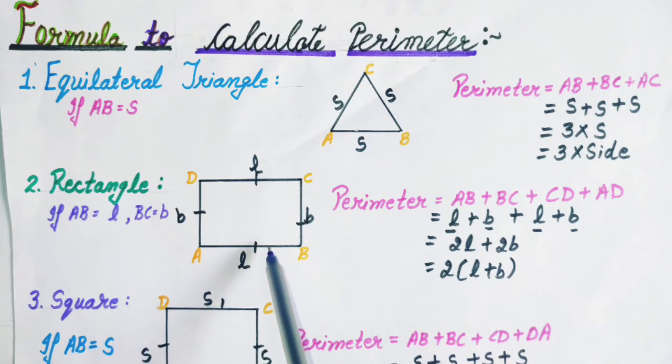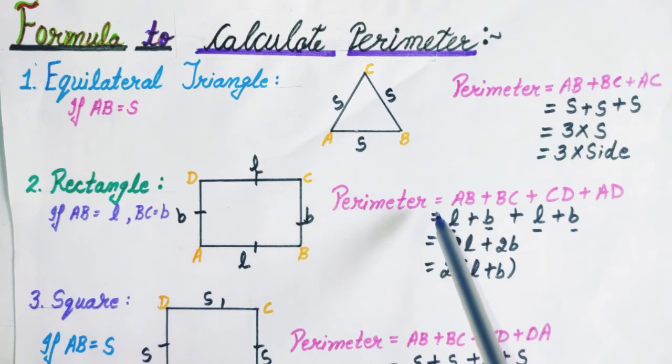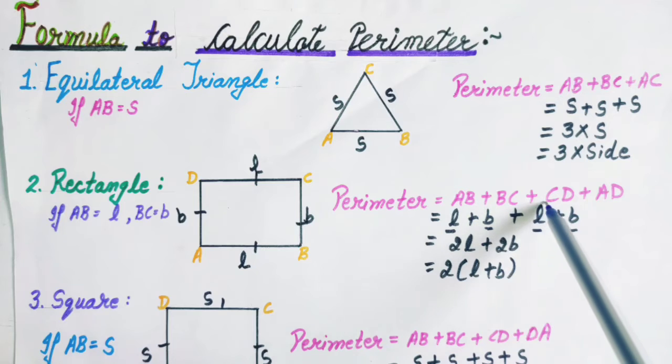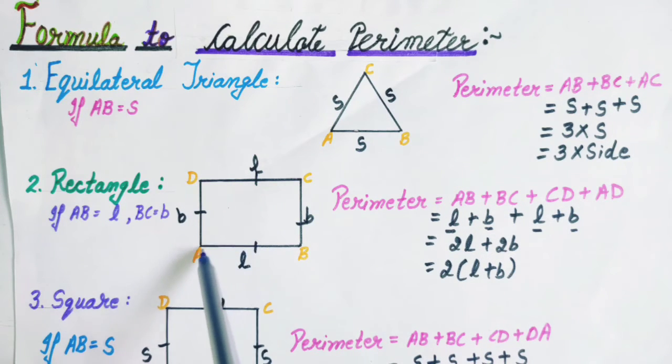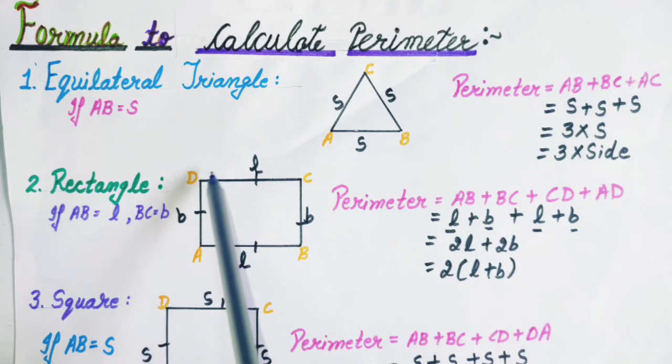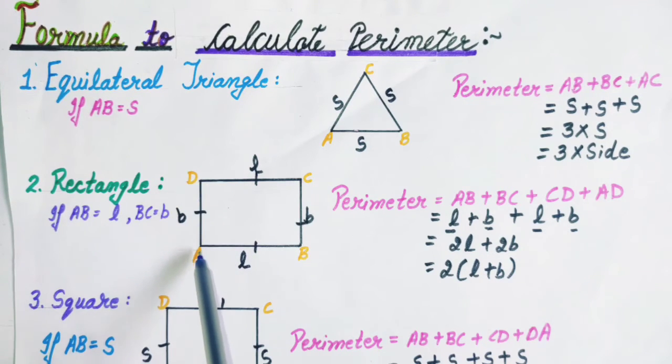Rectangle, again we will use the same formula. Perimeter is equal to the sum of the lengths of all its sides. We will add all its sides. AB plus BC plus CD plus AD. Now put their values.